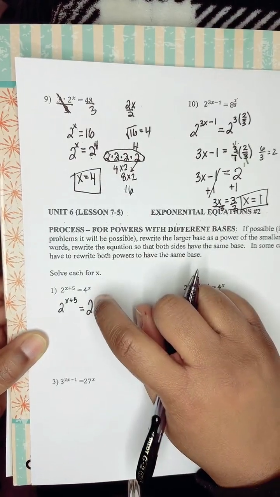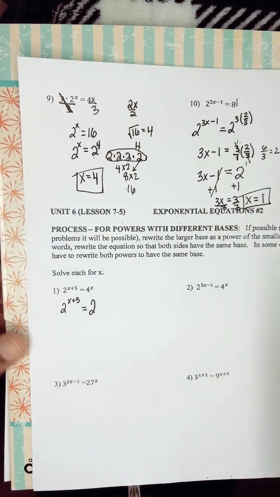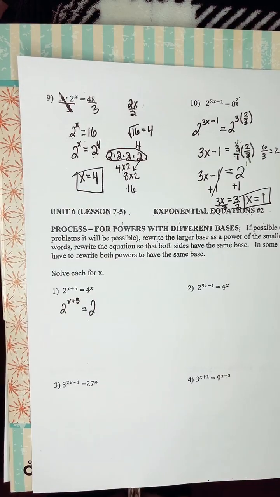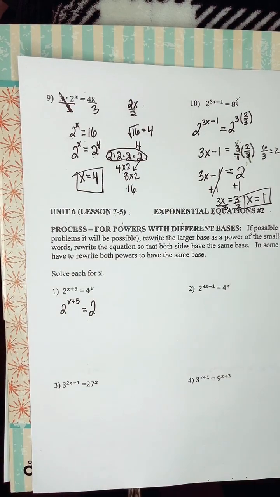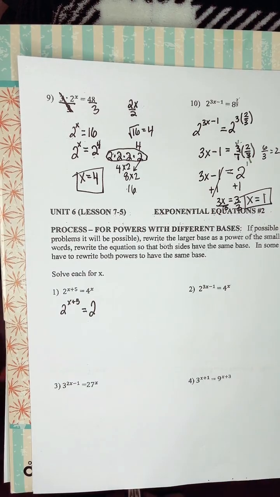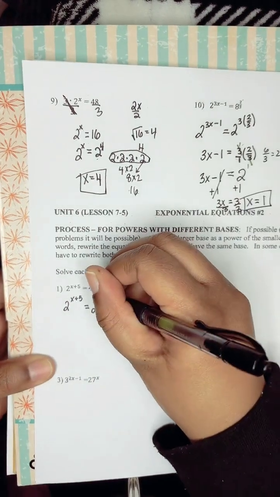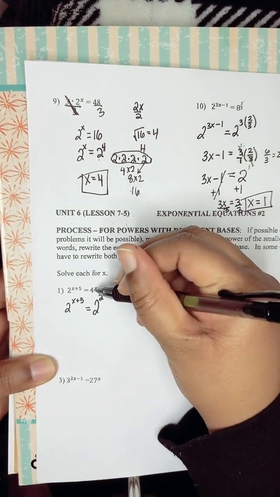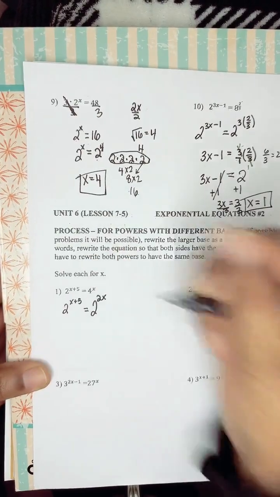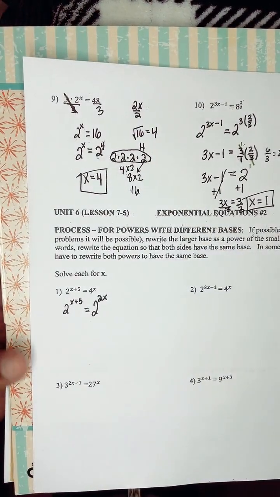Now what power do we need up here to get to 4? How many 2's do we need? 2. Good. Nell said 2. Steph said 2. J. Smith said 2. Yes, you guys. 2 to the 2. And since it already has that x there, you're going to just attach it to that 2.